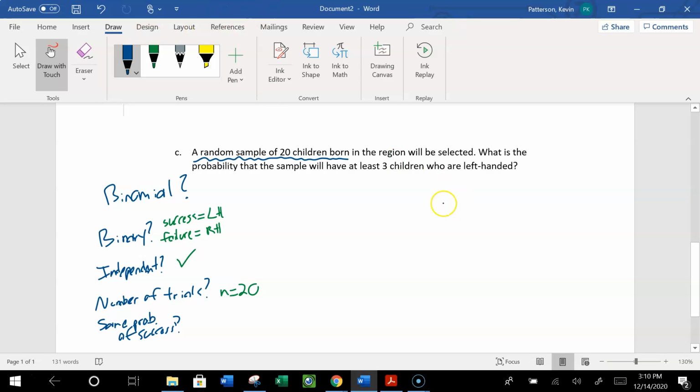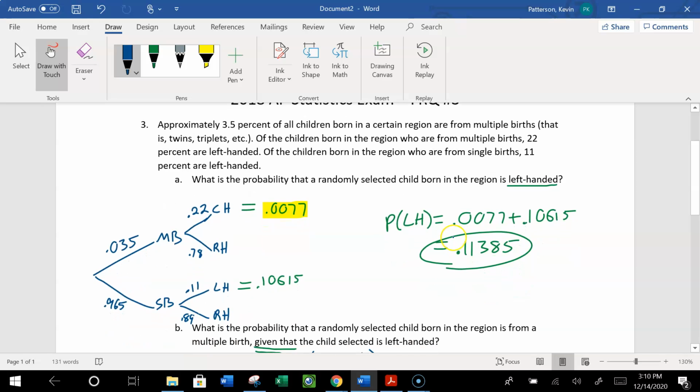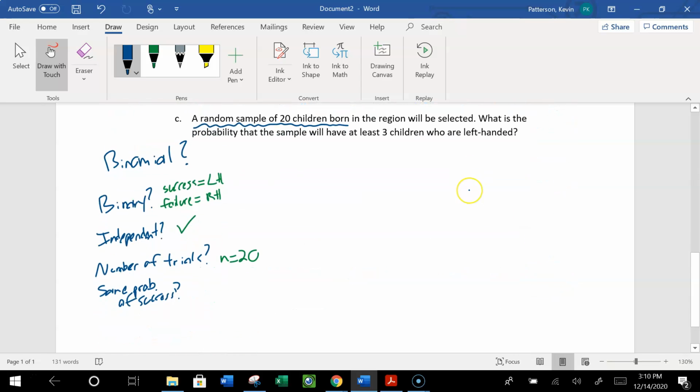Yes, that should be the answer we got from part A, probability of left-handed. So yes, it's 0.11385. So this is definitely a binomial situation.